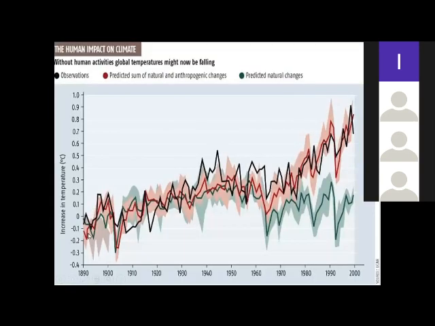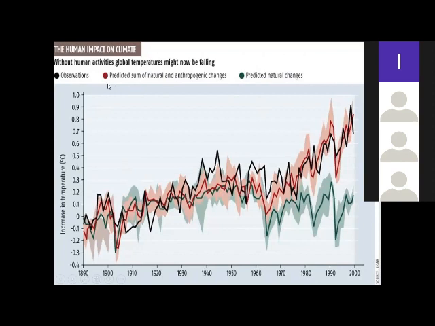Now, this chart, I just want to show you how the natural factors and the man-made components contributed. See, the predicted natural changes are the green one. You can see it more or less stays flat, going down actually, not increasing. Then we have some observations here, the black line, and the prediction.